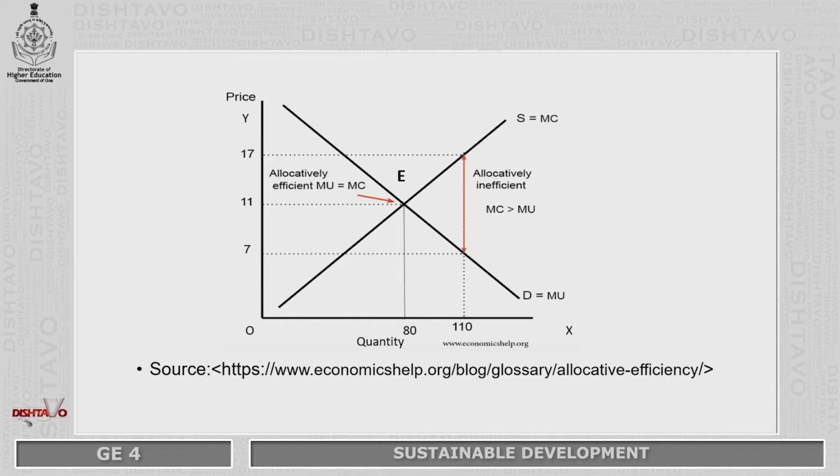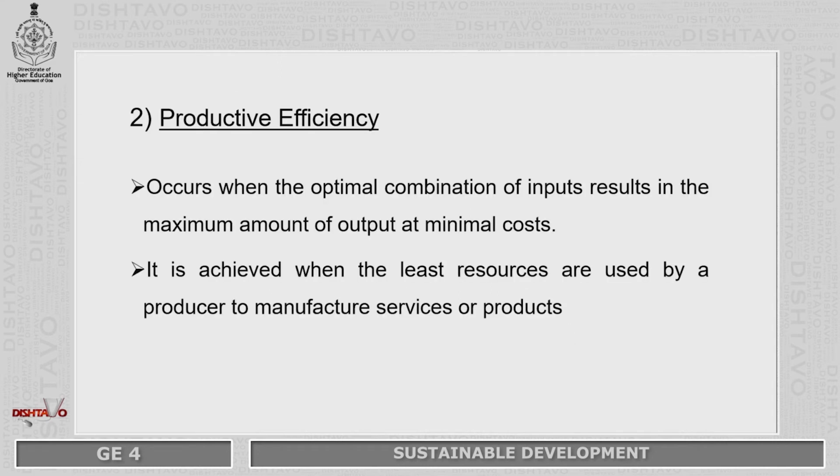This is the point of equilibrium where there is allocative efficiency. Any point beyond this, like when quantity is 110 and price is 17, the marginal cost is greater than the marginal utility.